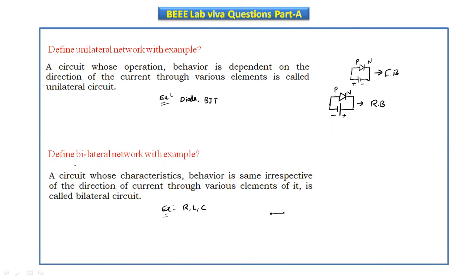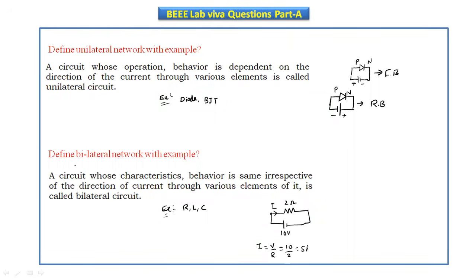Suppose if you take the resistor here, assume that current I is flowing, V is supplying here, and it is a 2 ohm resistor. Now if we calculate the I value, what is the formula? I is equal to V by R. V is equal to 10 and R is equal to 2.